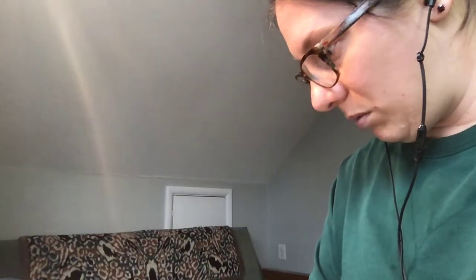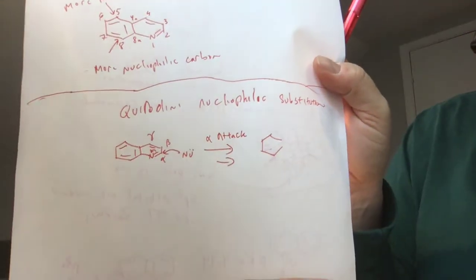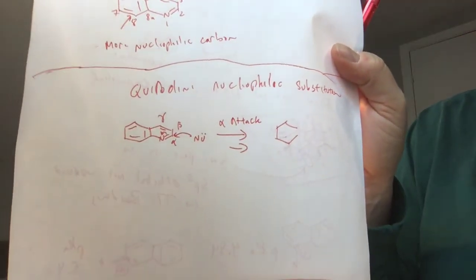And from these three positions, we can have alpha attack. So in that case, we'd have the nucleophile. So this is alpha attack. So we're gonna have the nucleophile attack at that alpha position and push the electrons over to the nitrogen.